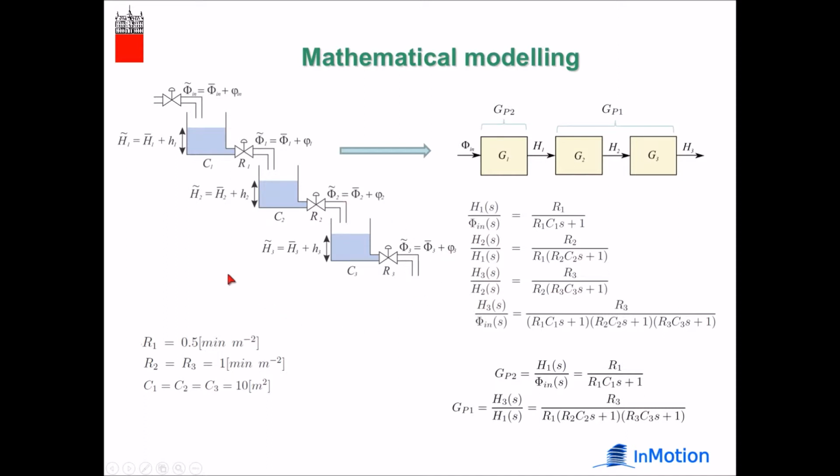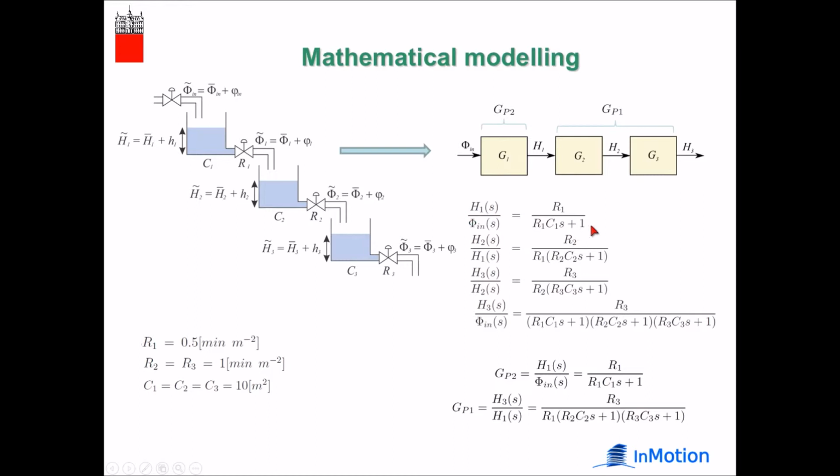We derived so-called linear model, and this linear model is valid only for these small changes. The modeling shows that it is possible to model each tank with a first order system. That means because we have 3 tanks, we can realize it with 3 first order systems.